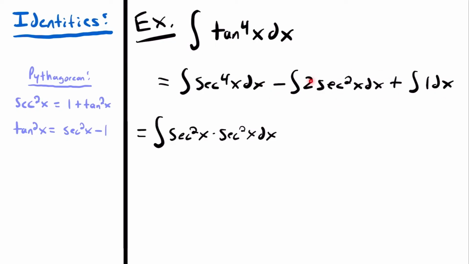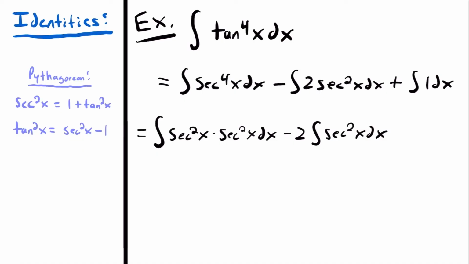If we pull this 2 out to the front, we'll have minus 2 times the integral of secant squared x dx. All right, and then for this integral, you might be tempted to use a Pythagorean identity to change secant squared x to 1 plus tangent squared x, but we actually don't need to do that in this case because we actually know what the integral of secant squared x is.